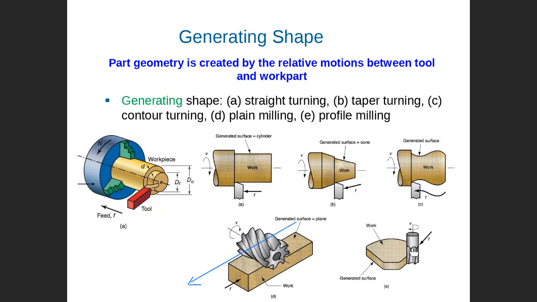Generating this geometry, the tool also moves along the contour, following a trajectory or path to cut the shape, as you can see. So we call it generating shape. The tool is a general tool. We use it to cut anything, and the tool has to travel to generate shapes.